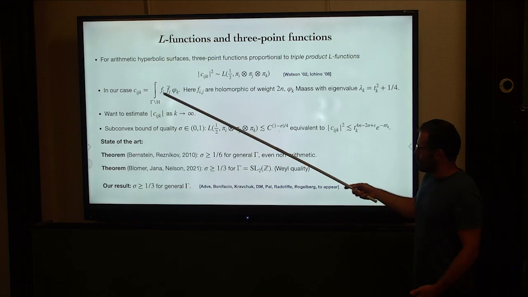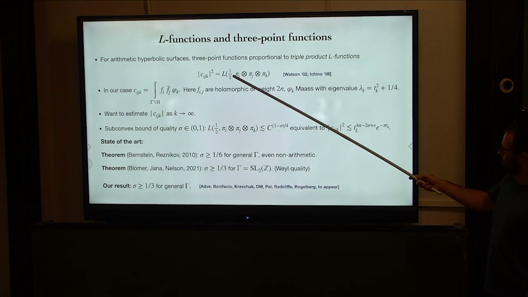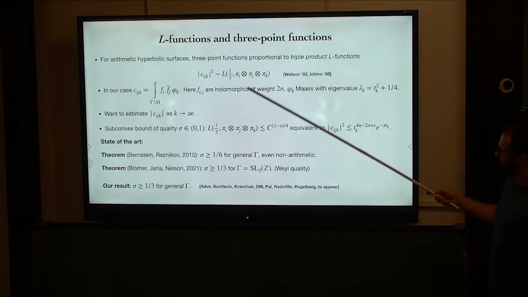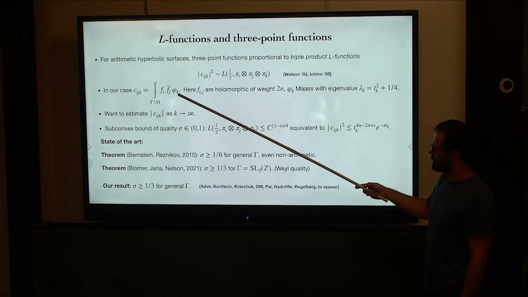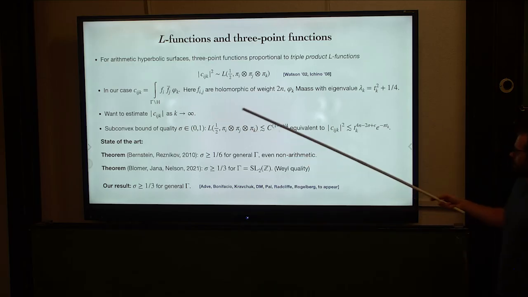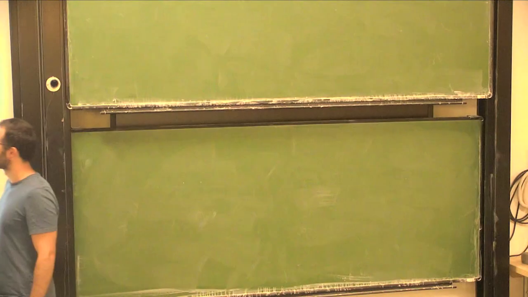And what we want to estimate to improve the convex bound on this L is the limit where i and j are kept fixed. So the holomorphic form is kept fixed, and the Laplace eigenvalue goes to infinity. So this λ_k becomes very large.